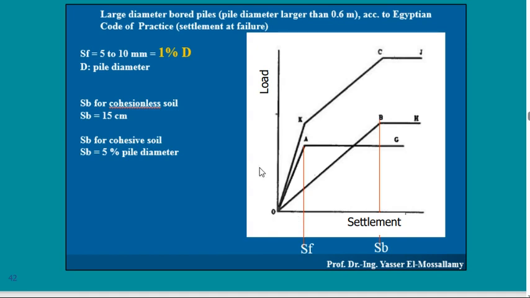I compare now 2 things. I compare the load that I got from here after dividing it by the factor of safety, to the load that came from the limiting value of settlement. I will take the minimum.